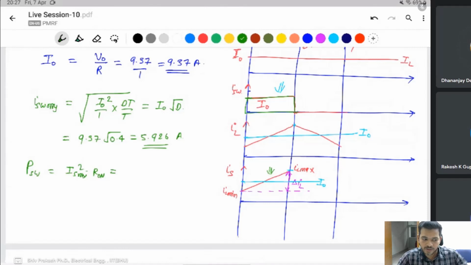I will calculate both conditions. And what is the power of this one? 5.926 current squared into 40 milliohm, so it will be 1.4 watt.